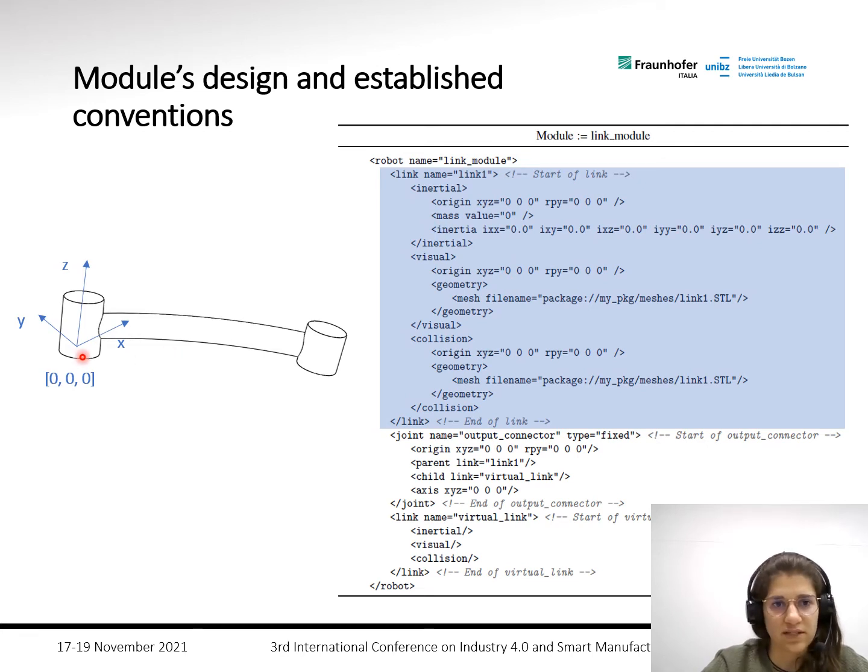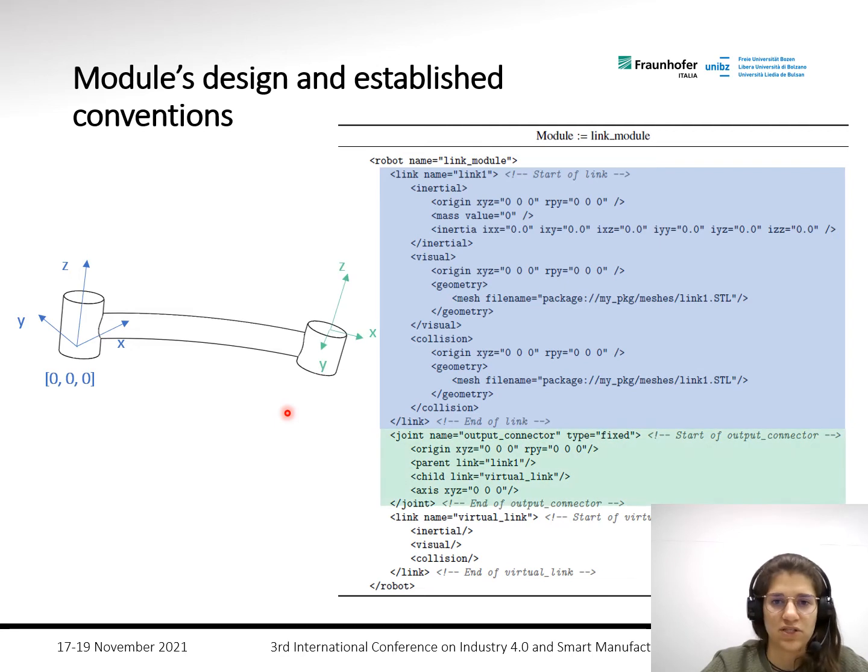This means that all the dynamic properties contained in the link module are arranged with respect to the origin frame, 0, 0, 0. But we lose all the information related to the output frame.